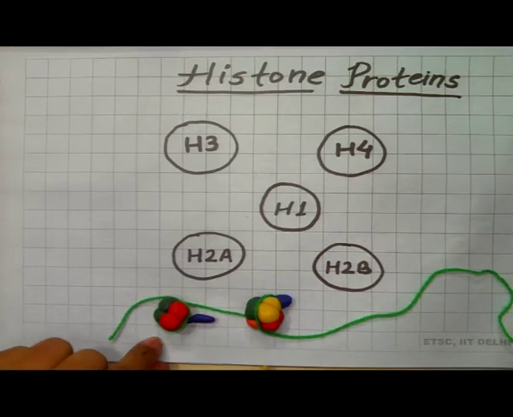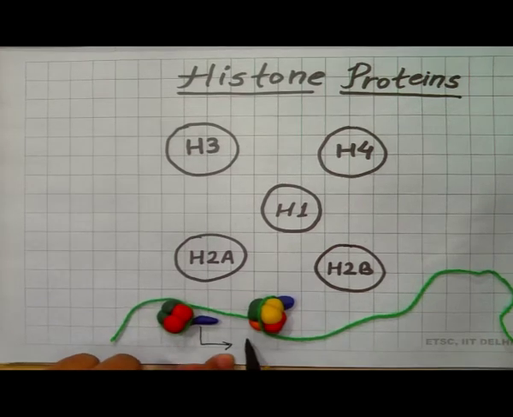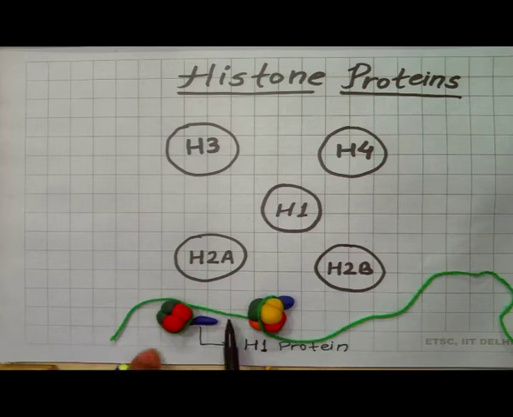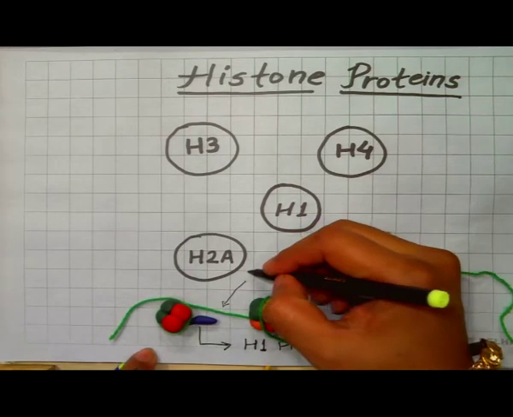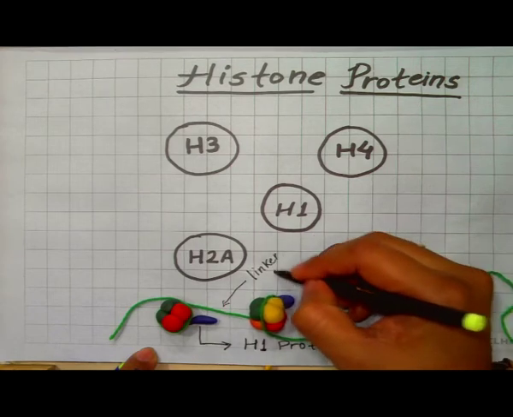This protein is called H1 protein, and the DNA between two nucleosomes is called linker DNA.